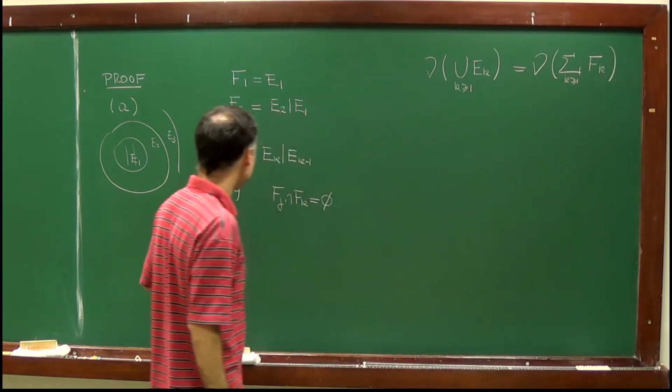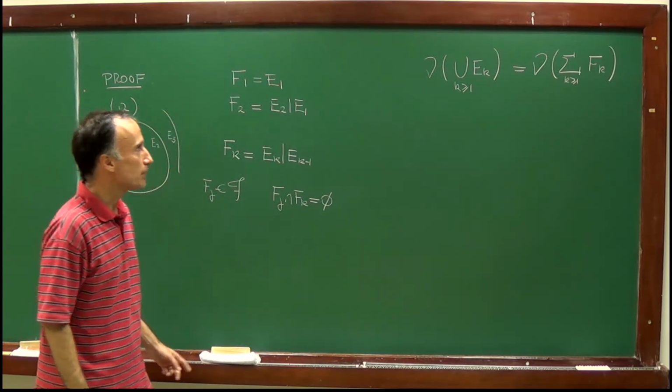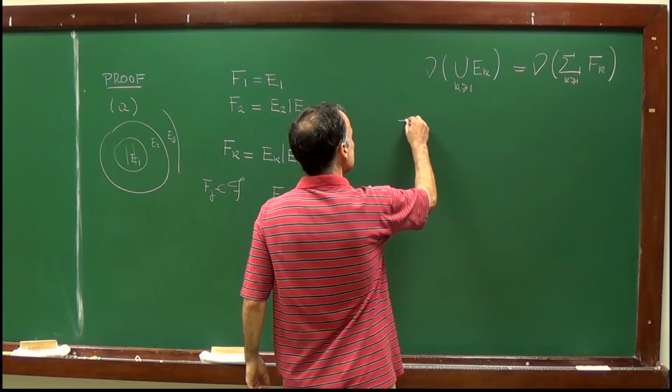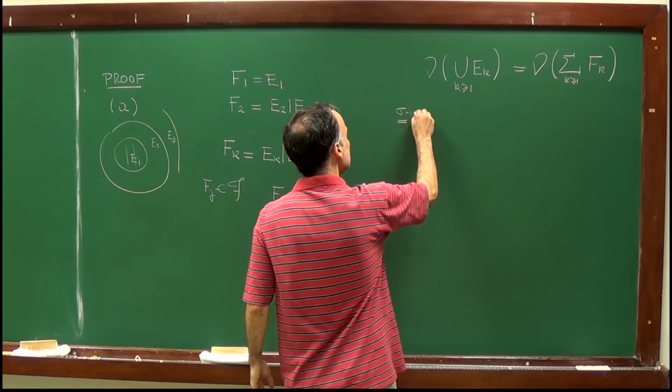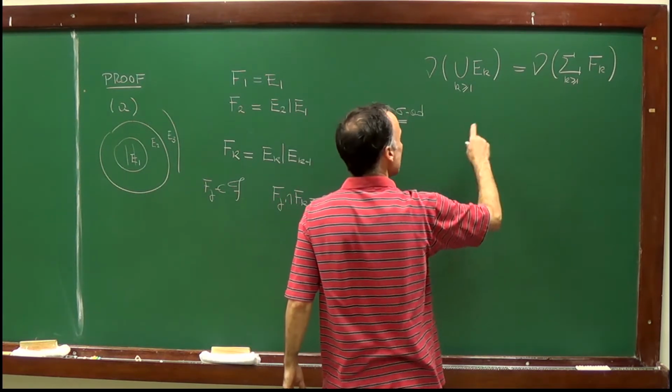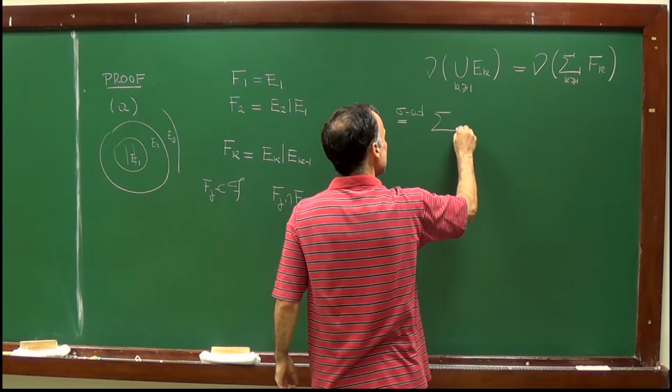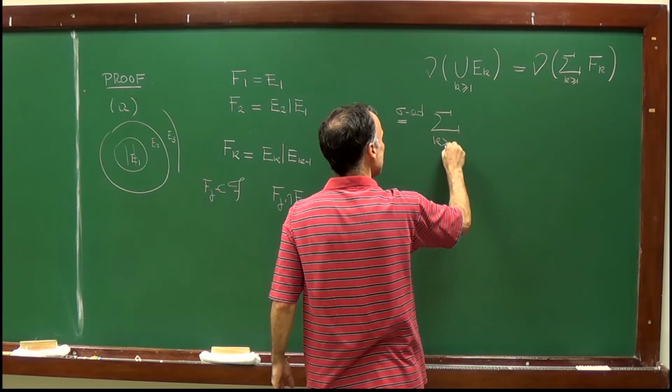But the sets Fk are disjoint, so I can write this union as a sum. Now I can use the sigma additivity to write that nu of the sum is the sum of nu.